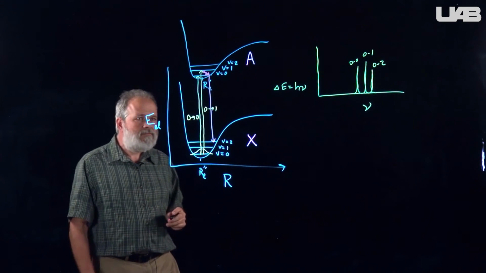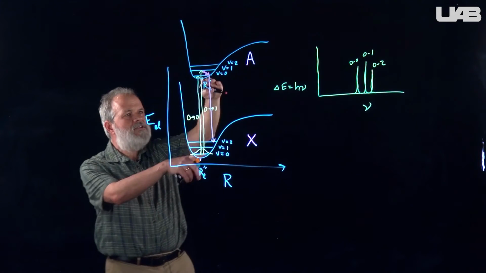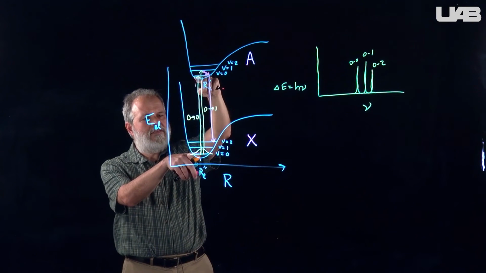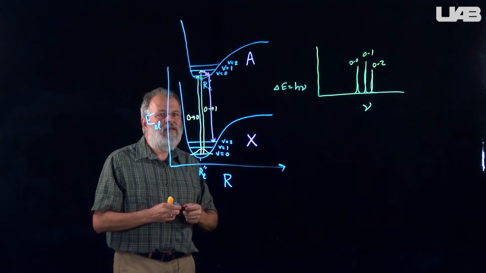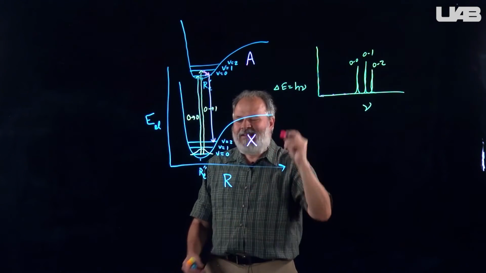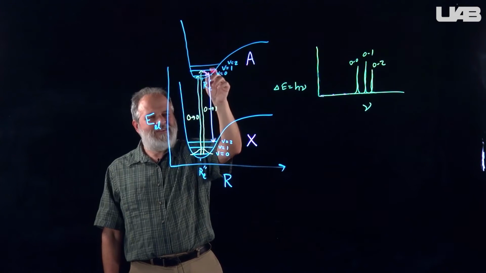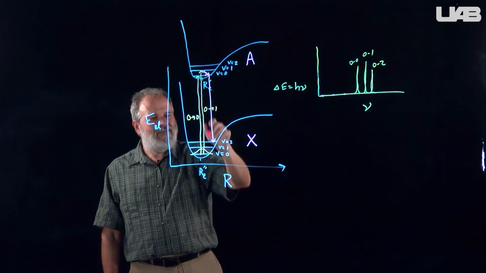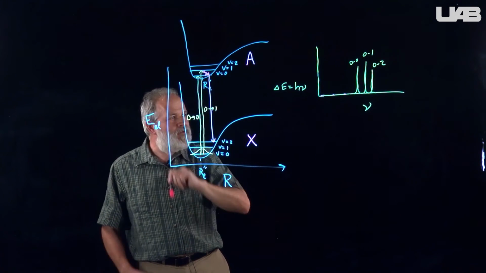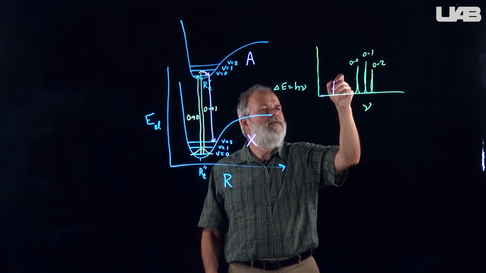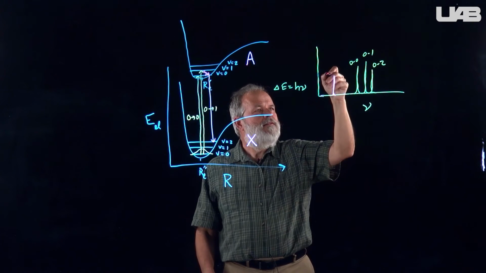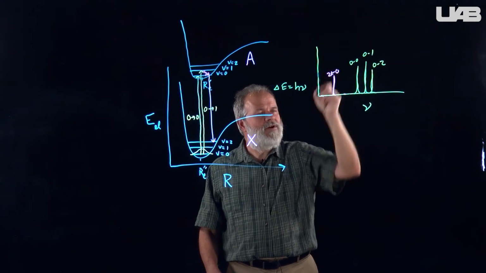Okay? And notice that this energy difference is always smaller than this energy difference. So what you're going to see is a kind of mirror image in the pink. So after losing the energy and emitting a photon from 0 to 2, I should actually draw a peak here, 2 to 0.